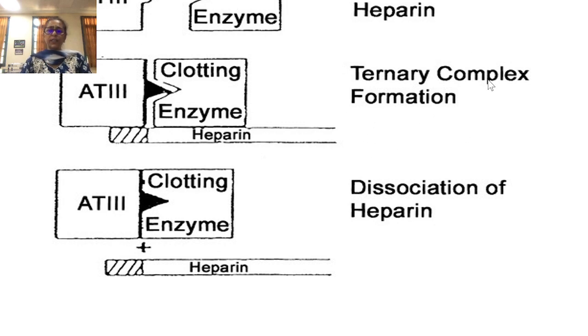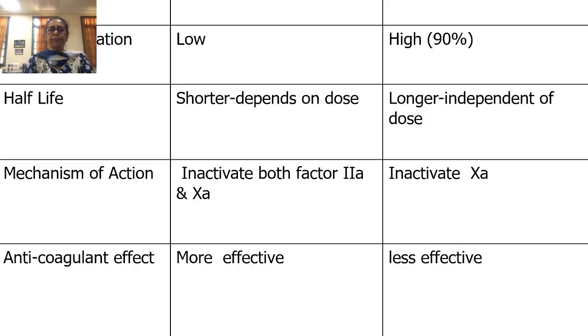So this ternary complex formation is responsible for producing the anticoagulant effect. When antithrombin 3 binds with the clotting enzymes, the heparin dissociates from this complex and can be reused.